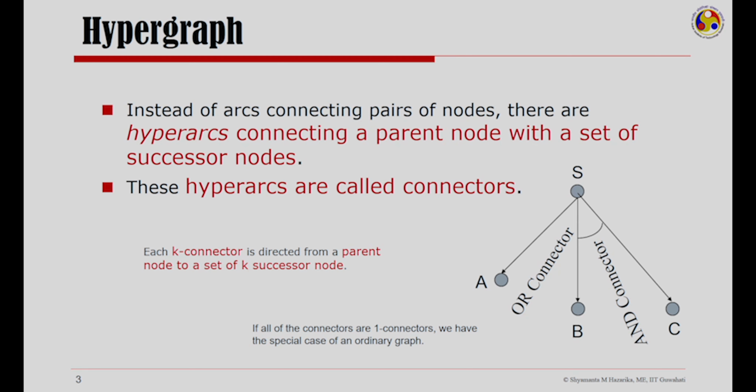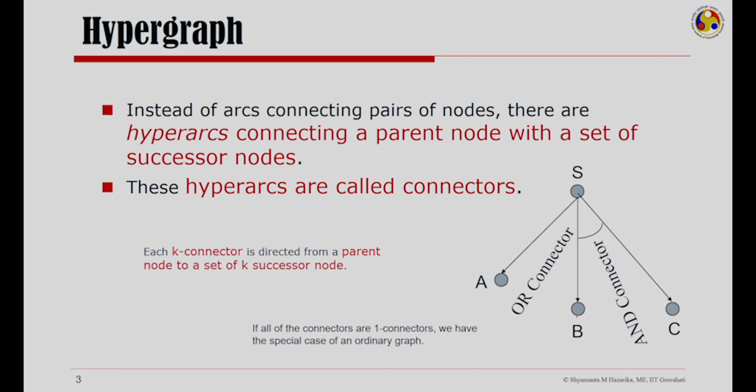So, coming back to the example that we were discussing, here B and C together have to be solved to solve S. So, the link between these two is referred to as a 2 connector. Each K connector is a directed arc from a parent node to a set of successor nodes.